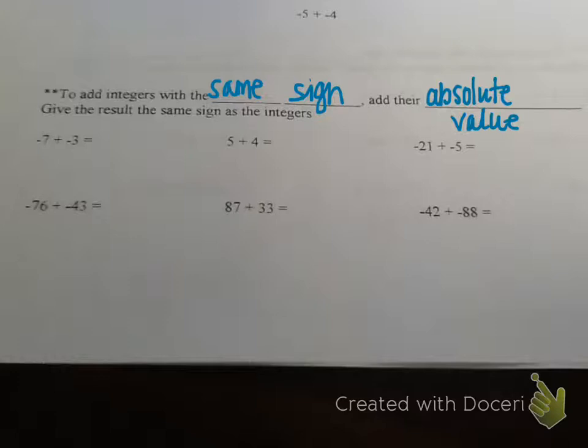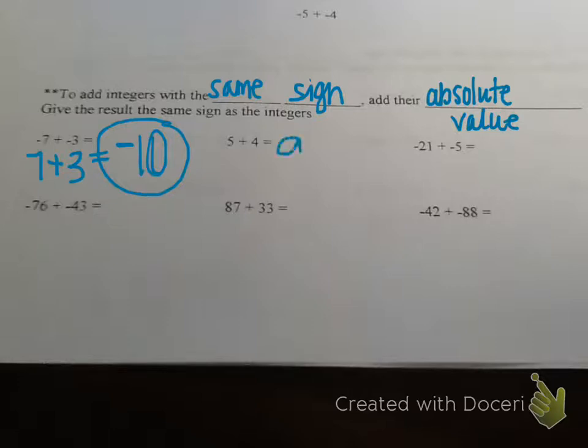So, for example, the absolute value of 7 is 7, the absolute value of negative 3 is 3, so if I add those, I get 10, and the result gets the same sign. So since they're both negative, the result has to be negative as well.